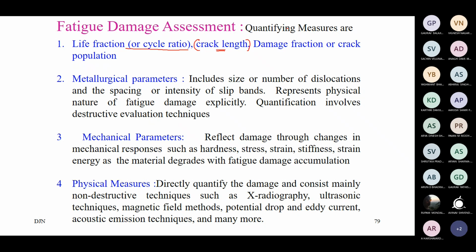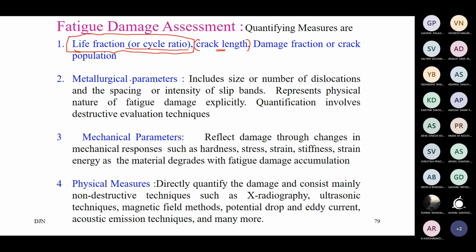In LEFM, the fourth chapter, we discuss the critical size of the crack. In fatigue fracture or dynamic fracture, we talk about crack propagation with respect to cycle. So in the present topic, we'll restrict ourselves to the cycle ratio parameter or life fraction to calculate the damage, how much is occurring with every cycle.